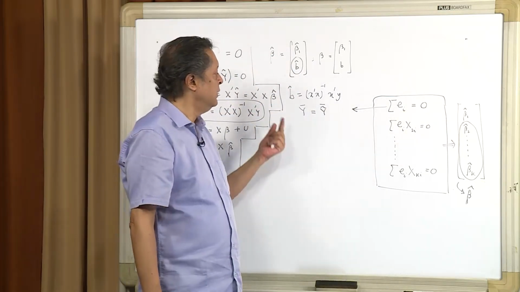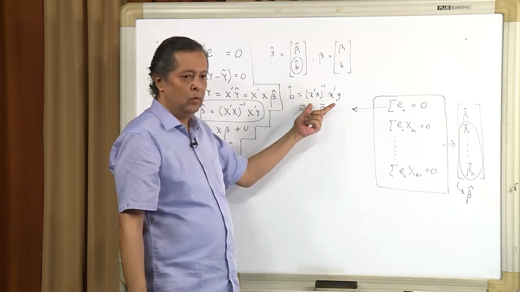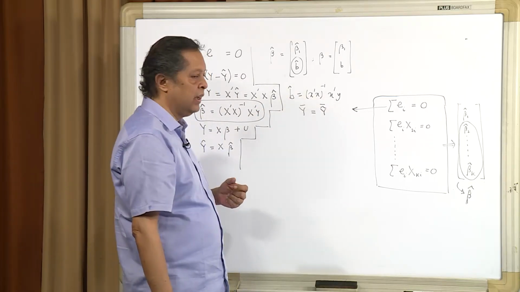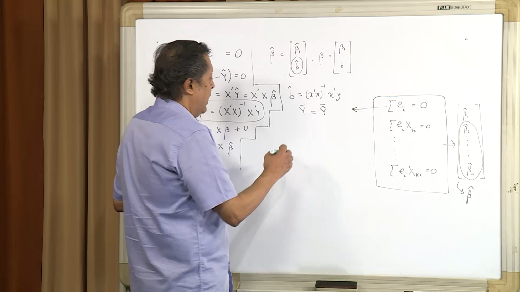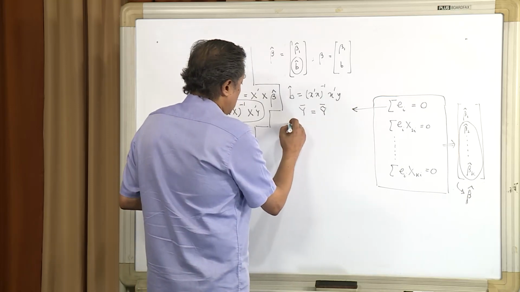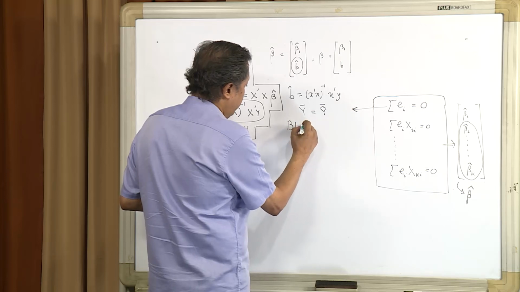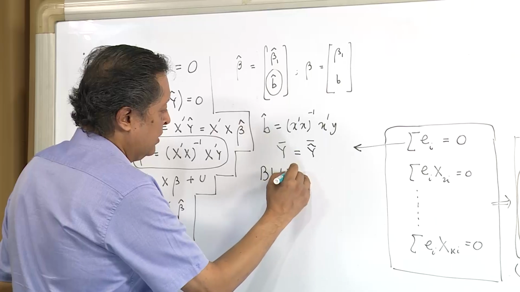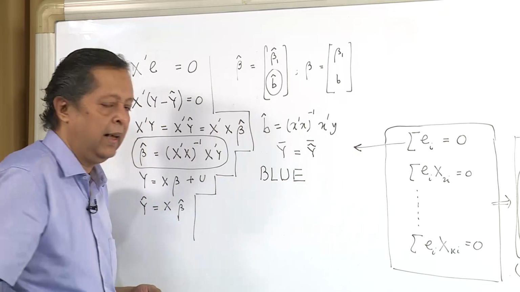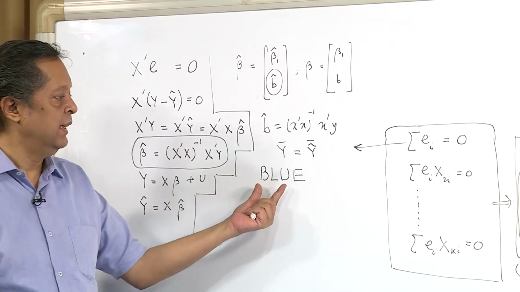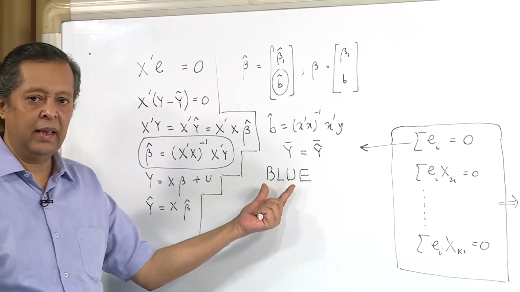As already mentioned, the betas are linear in the y_i's as well as linear in the u_i's, and what we get is that such estimates are the best linear unbiased estimates.